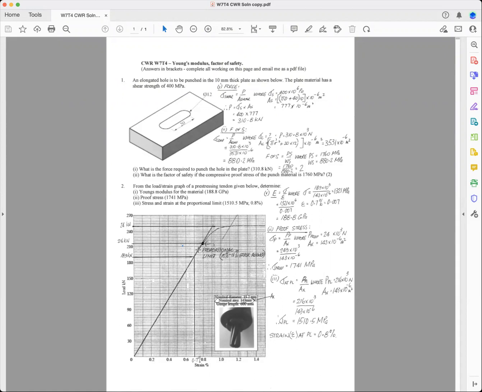And that's because the atoms move into new sites. And so it doesn't need that much energy. And so the load goes down, and that's called the upper and lower yield.